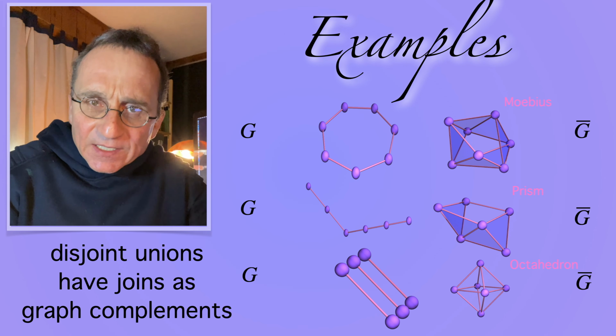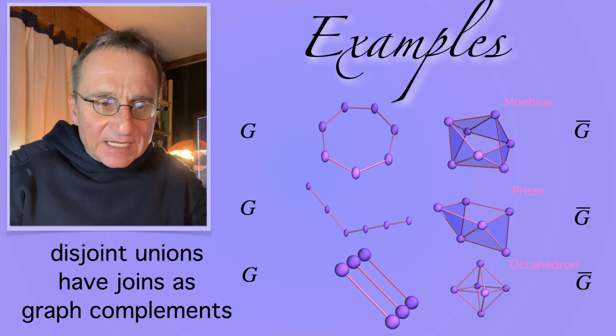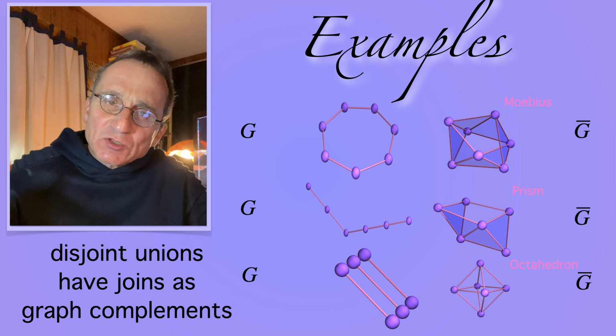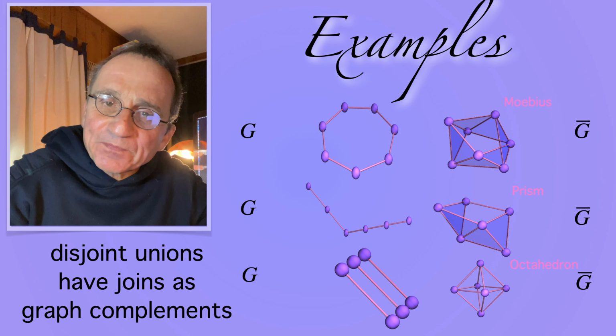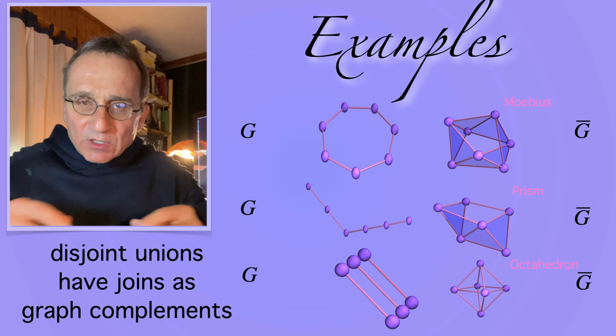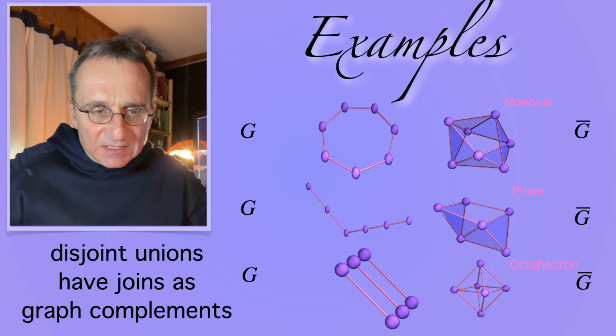But here are some examples of small cyclic graphs and their dual. So the heptagon is kind of an interesting case because the dual is a Möbius strip, a nice way to realize the Möbius strip. Then the dual of a path graph here is a kind of prism type.